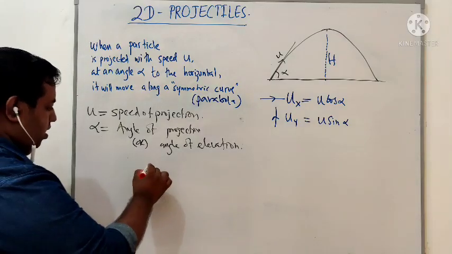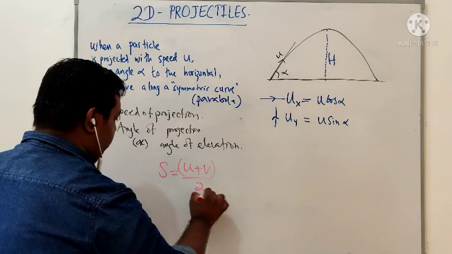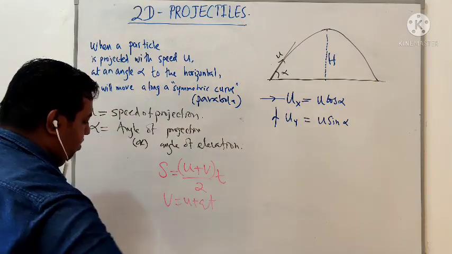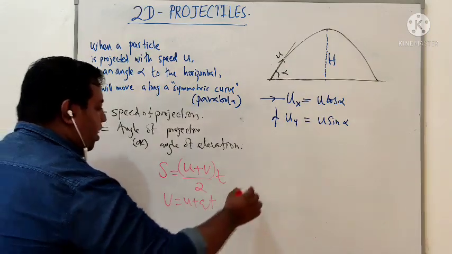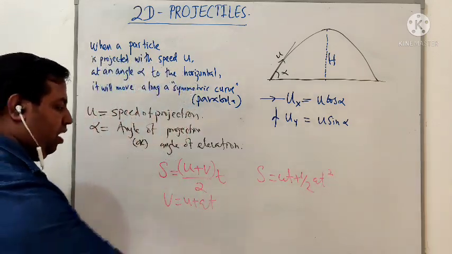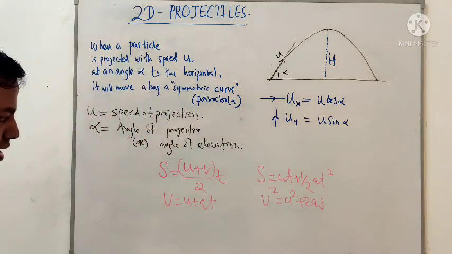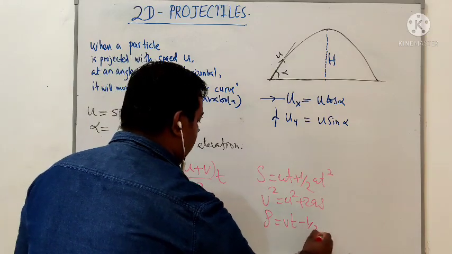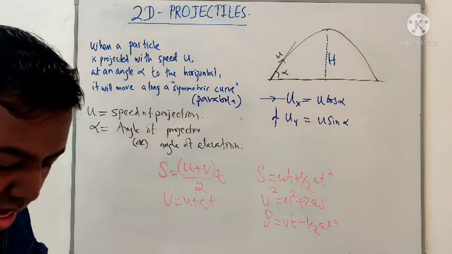One is total displacement s equal (u plus v) divided by 2 into t, and v equal u plus at, final velocity equal initial velocity plus acceleration into time, and s equal ut plus half at squared, and v squared equal u squared plus 2as. If you know final velocity also, you can write s equal vt minus half at squared. This is the initial speed, this is the final one. All five we studied.